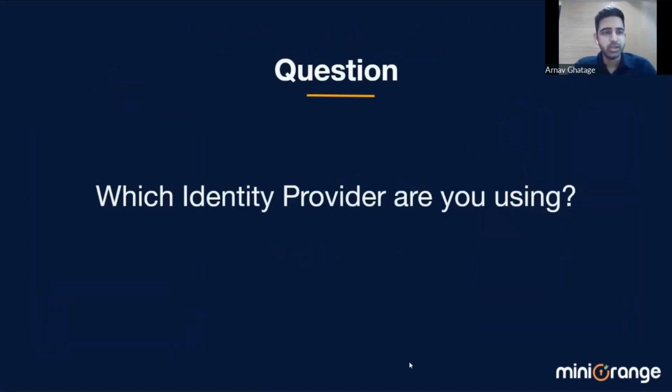So before we proceed, it's just a quick question for you here. I'd like to ask you which identity providers are you currently using? There'll be a poll that's now visible on your screen. For those of you who don't see your IDPs, you can just send in your IDP name in the Q&A section. So I'll just wait for a minute for all your responses to come in.